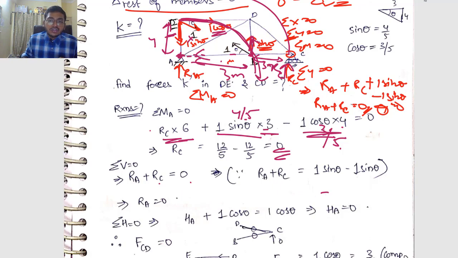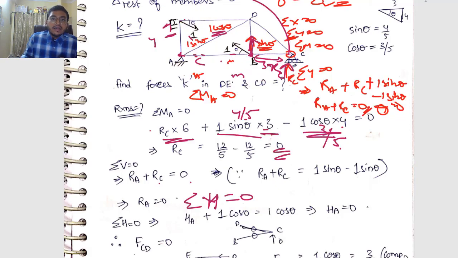Obviously you can find HA also using sigma H equals 0, up to you. So if you use sigma H equals 0, what are the forces? At the joint C we have a roller support, so this component is 0. At the roller support, you don't have any horizontal component. We have horizontal component only at A, right?